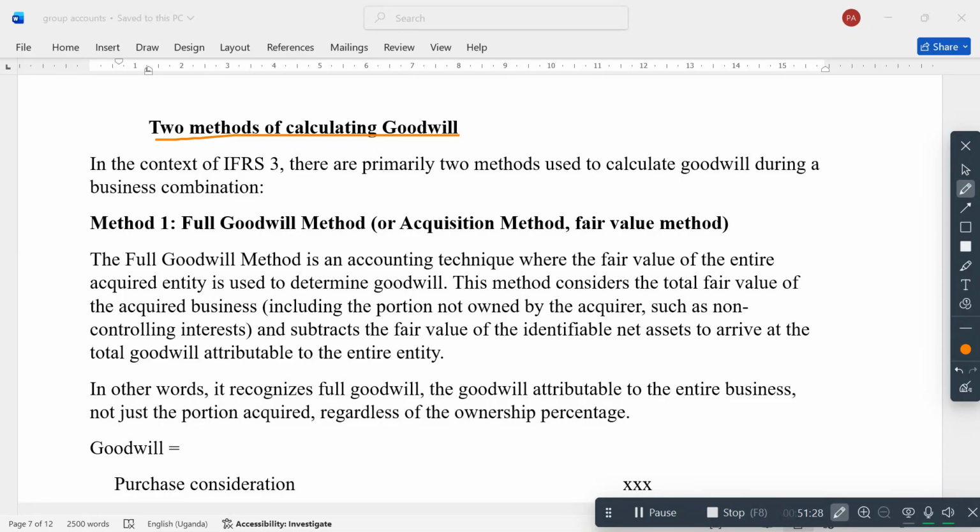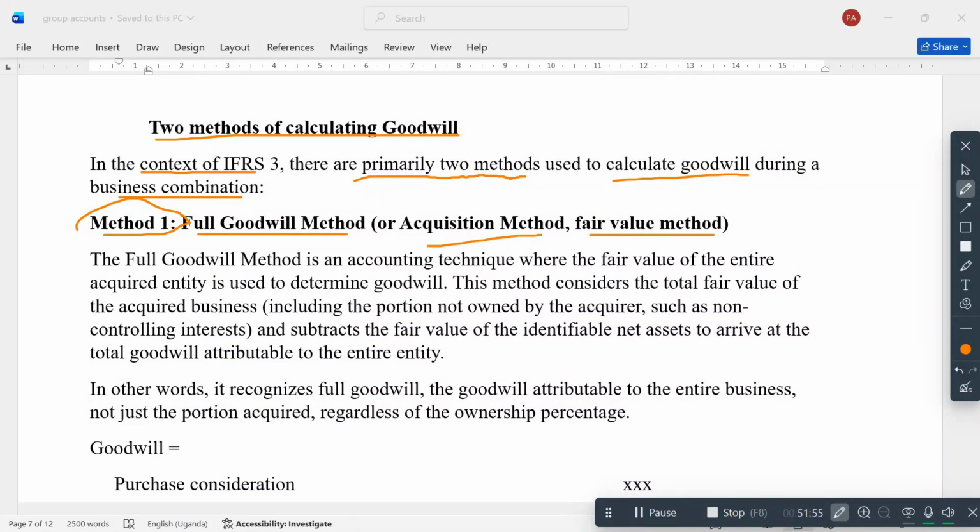In the context of IFRS 3, we have primarily two methods used to calculate the goodwill during business combination. Number one, we have what we call the full goodwill method, or the acquisition method, or fair value method. The examiner may say, please use, or the company has a policy of using the full goodwill method or fair value method or acquisition method. Either way, we are going to see how we can handle that.